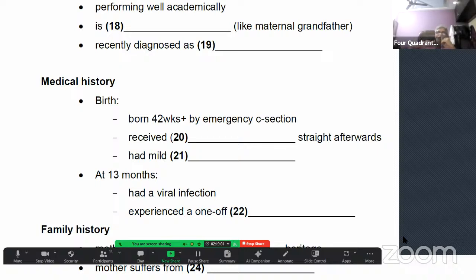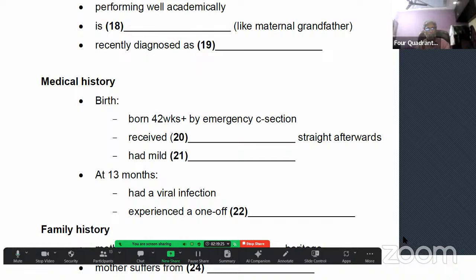Had mild dash at the time of birth. Maybe, okay. At 13 months, had a viral infection. 22. Dyspnea, fever, jaundice, oxygenation, grunting, blood.